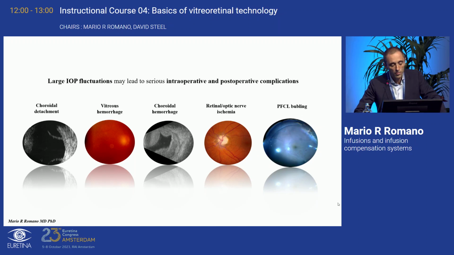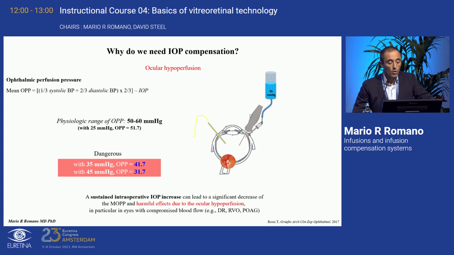Large IOP fluctuation may lead to intraoperative or postoperative complications: vitreous hemorrhage, choroidal detachment, retinal or optic nerve ischemia, perfluorocarbon liquid bubbling, of course, but also ocular hypoperfusion, which is something that we cannot really see.